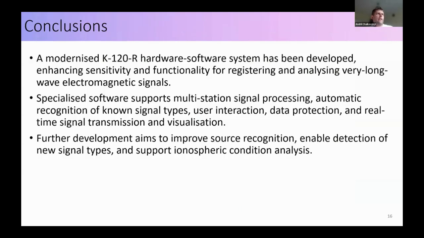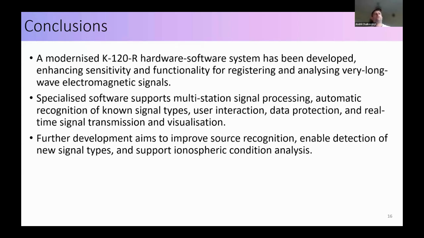So as a conclusion, I could say that we modernized the Ka-120R hardware and software system, and during that process we enhanced the sensitivity and functionality of that system, and our specialized software supports multi-station signal processing, automatic recognition of signal types, user interaction, data protection, and real-time signal transmission and visualization.